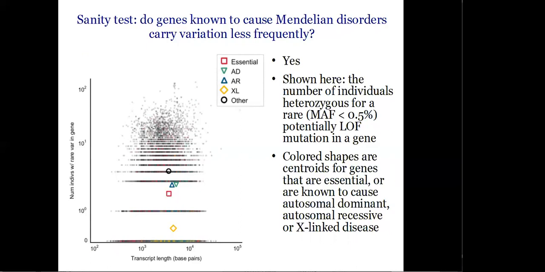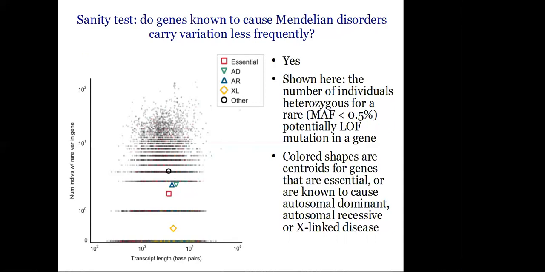Here I'm plotting the genes, and along the y-axis is the number of individuals with rare variants in a gene, if you filtered for heterozygous variants with a minor allele frequency of less than 0.5% that are loss of function. And the colored shapes indicate the centroids of the genes in each OMIM disease category.